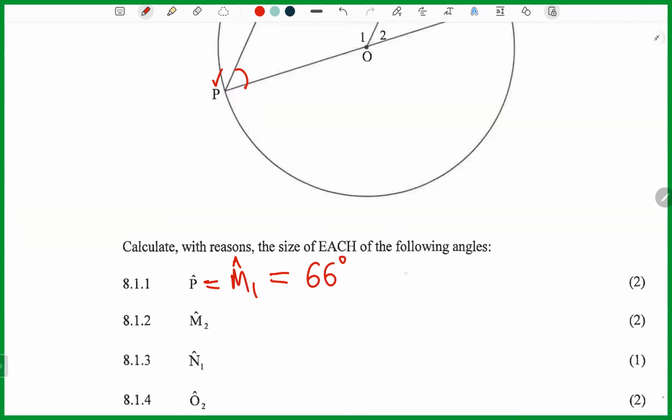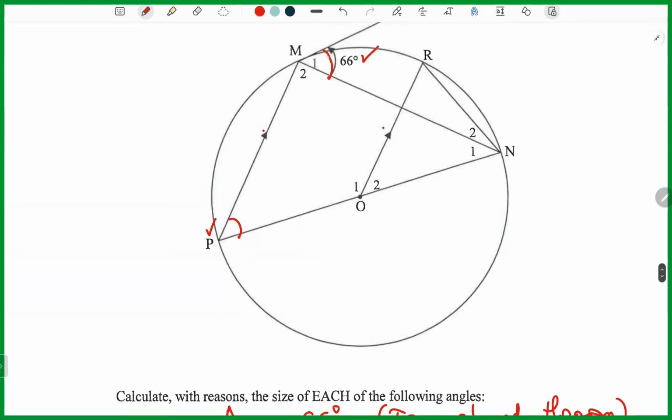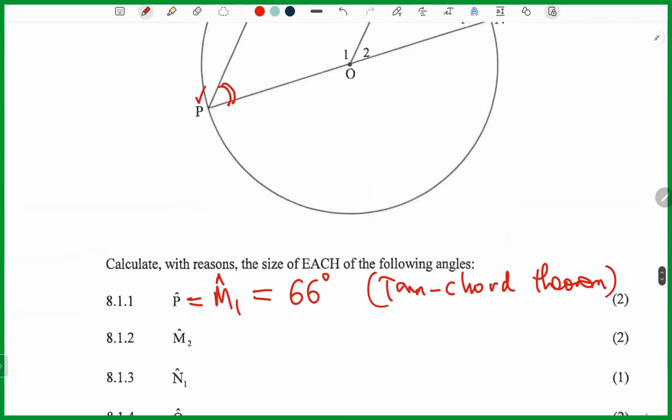The reason is the tangent chord theorem. So this equals that one. Next, angle M2.